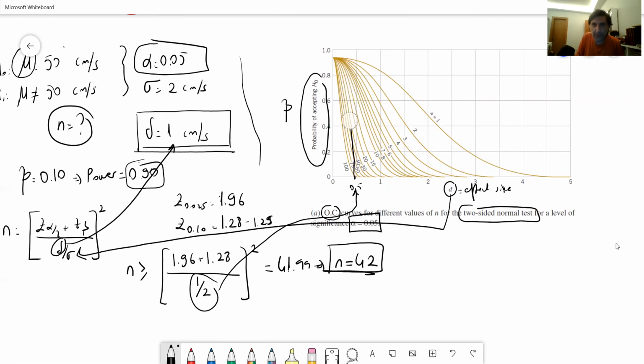We would like our type 2 error probability equal to 0.10, which is going to be somewhere here.